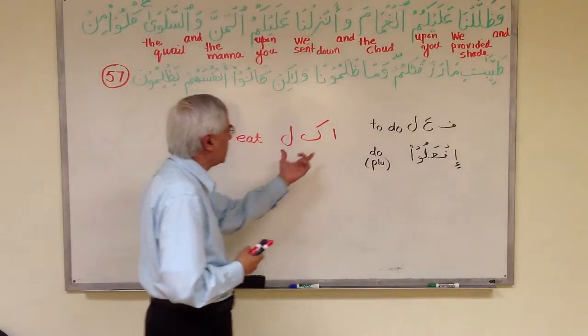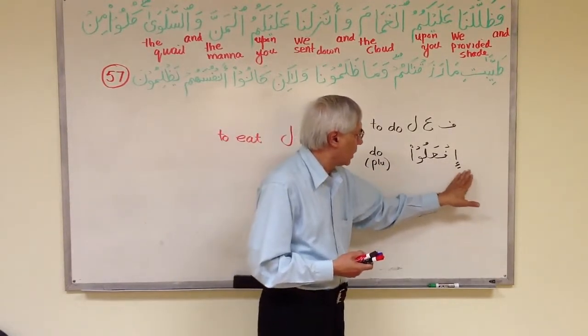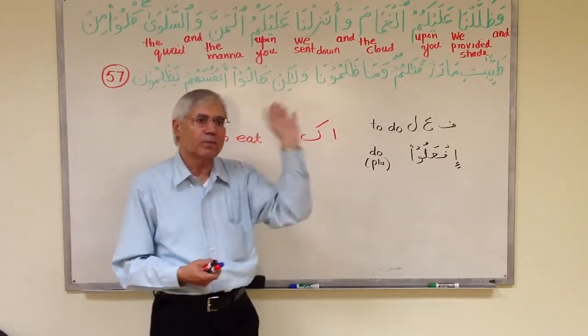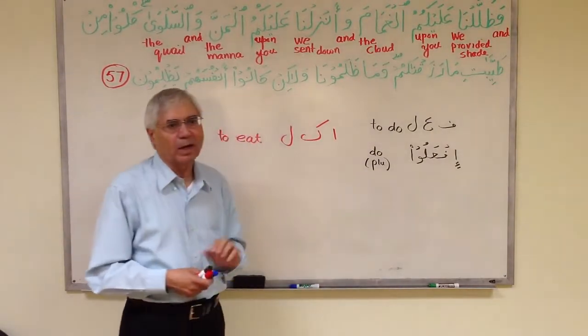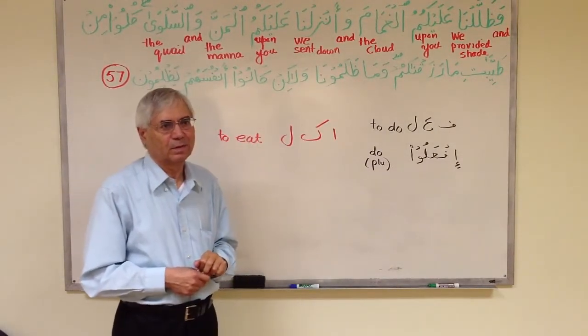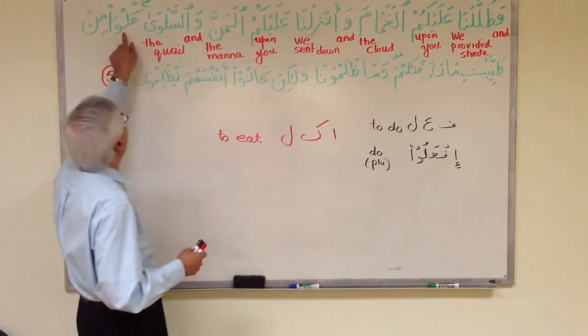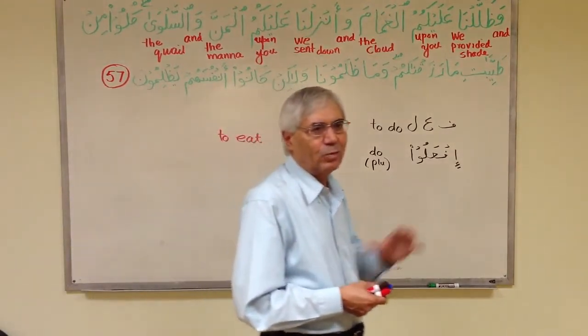Now, what happened in this particular case? If we make the form like that, then alif being a weak letter, it just drops out totally. Only kaf and lam are left. So if we do that, then it will be kulu only. If the alif is dropped, then it will be kulu.